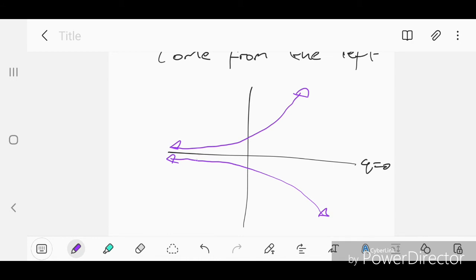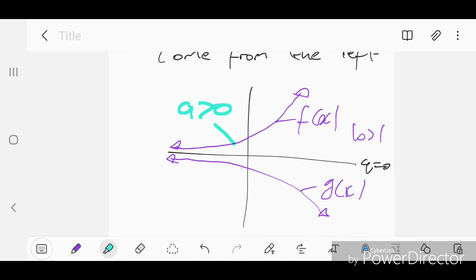Both these functions, this is f of x, this is g of x. Both of them, b is greater than 1, because this one is coming from the left to the right, and this one is coming from the left to the right. But for this one, my a is greater than 0. For this one, my a is less than 0, because for this one a is negative, and for this one a is positive. Okay, so for this one, b is greater than 1.